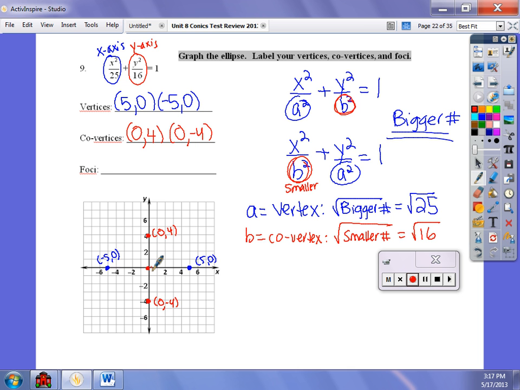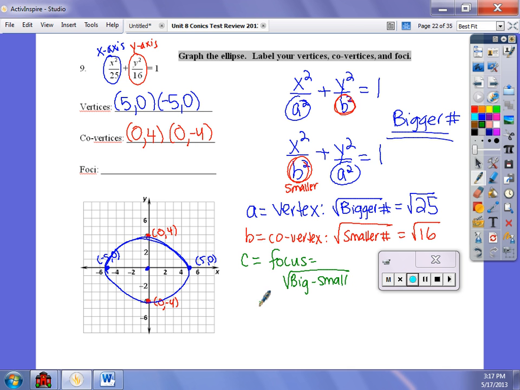So now I'm just going to connect my dots. Try not to make it look like a football, please. So try to curve it around. So I'm pretty much almost done. The last thing I need is my focus. My focus is equal to the square root of my bigger number minus the smaller number.